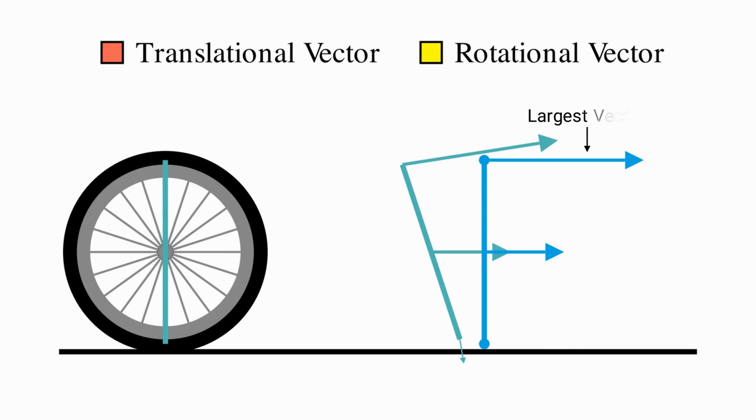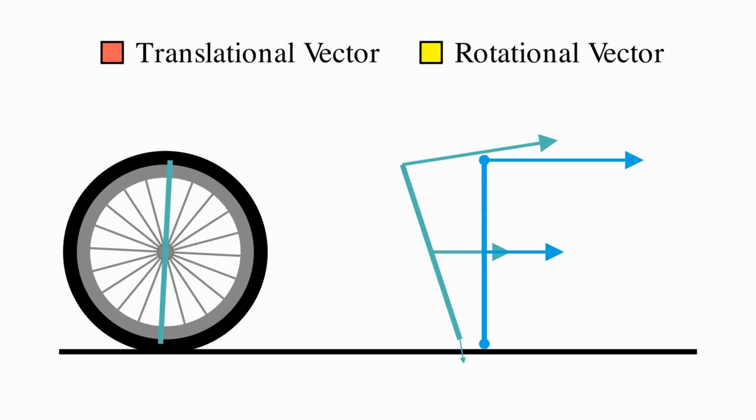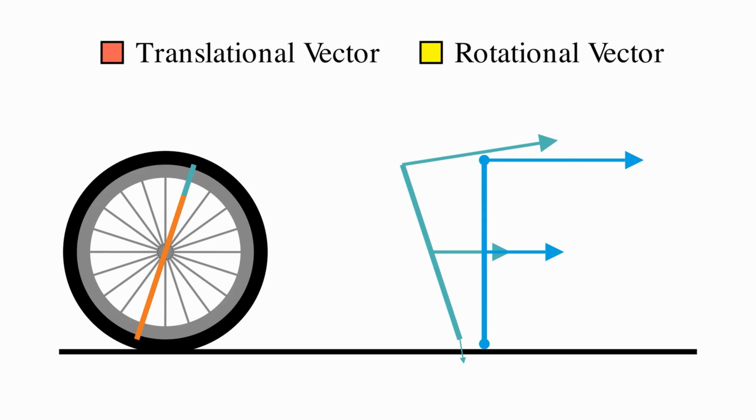The length of this blue vector is the largest because here the translational vector and rotational vector meet each other at 0 degrees. From this, we can clearly say that the length of the vectors increases from bottom to top.